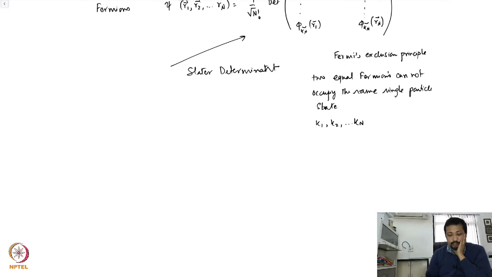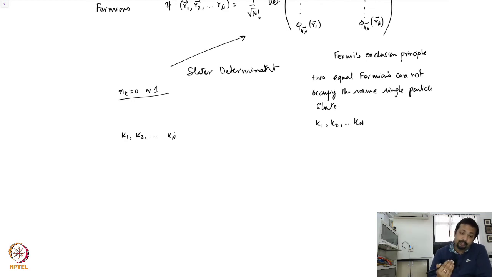For bosons, it's slightly more complicated because they do not have the restriction nk equal to 0 or 1. Many particles can occupy the single particle state, and that makes the normalization a little more complicated than what we have seen. Essentially one has to see, of these quantum numbers k1, k2, kn, how many of them are equal.